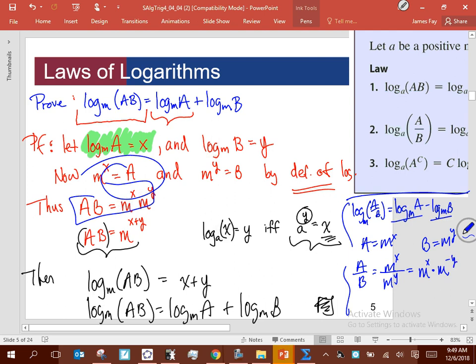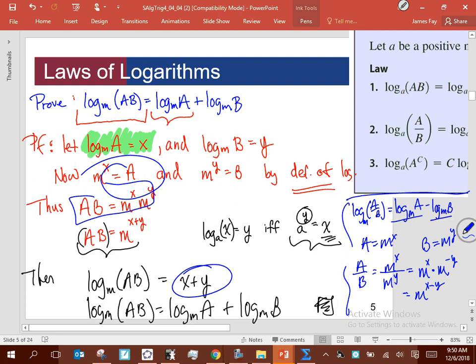When I have a denominator and want to put it in the numerator, I just make the exponent negative. Doesn't that give me m to the x minus y? So that thing becomes x minus y, and when I substitute log A and log B back in, I get log base m of A minus log base m of B.